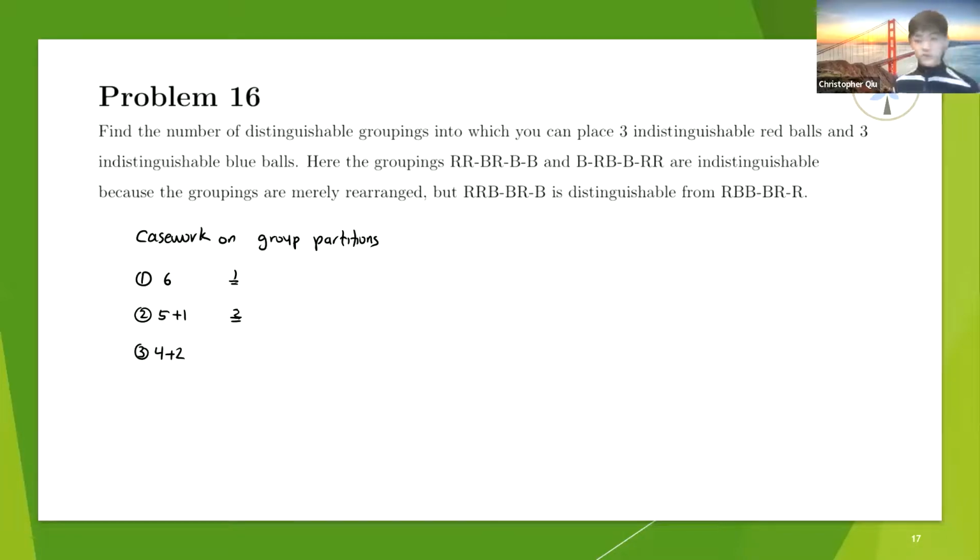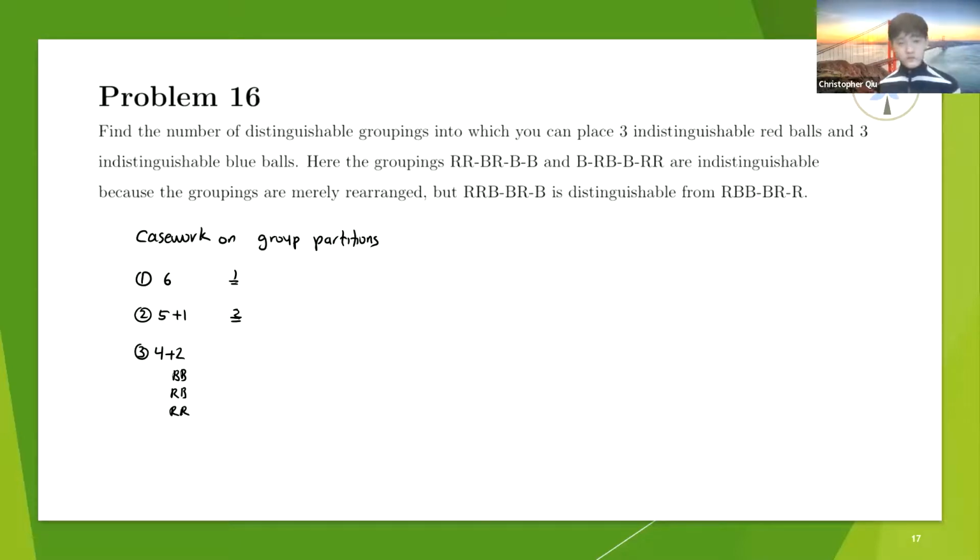And then we can do this for every possible partition. Our next partition is 4 plus 2. And the number of ways we can partition the 6 balls in this way is basically the number of ways we can choose the 2 balls in the group with 2 balls in it. And it can be either 2 blue balls, 1 red and 1 blue, or 2 reds.